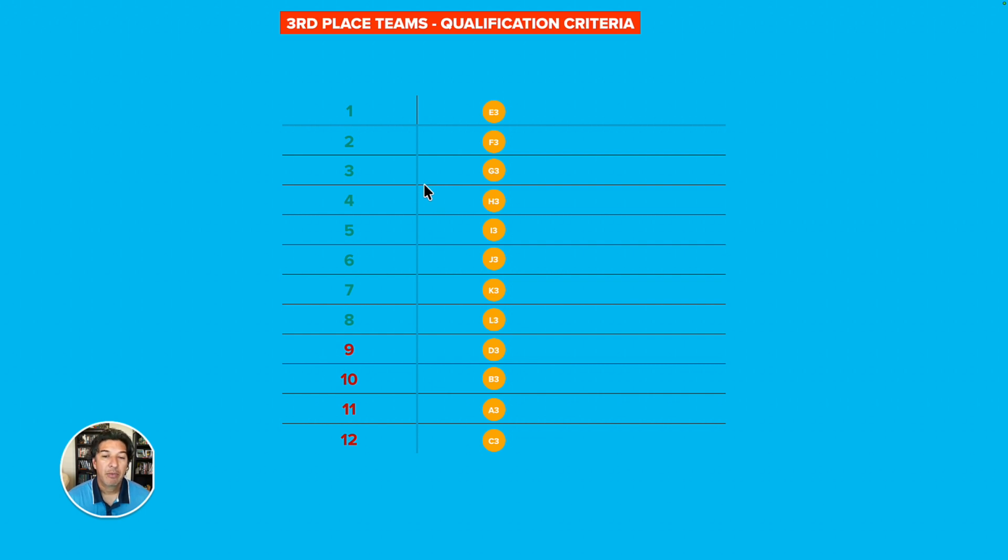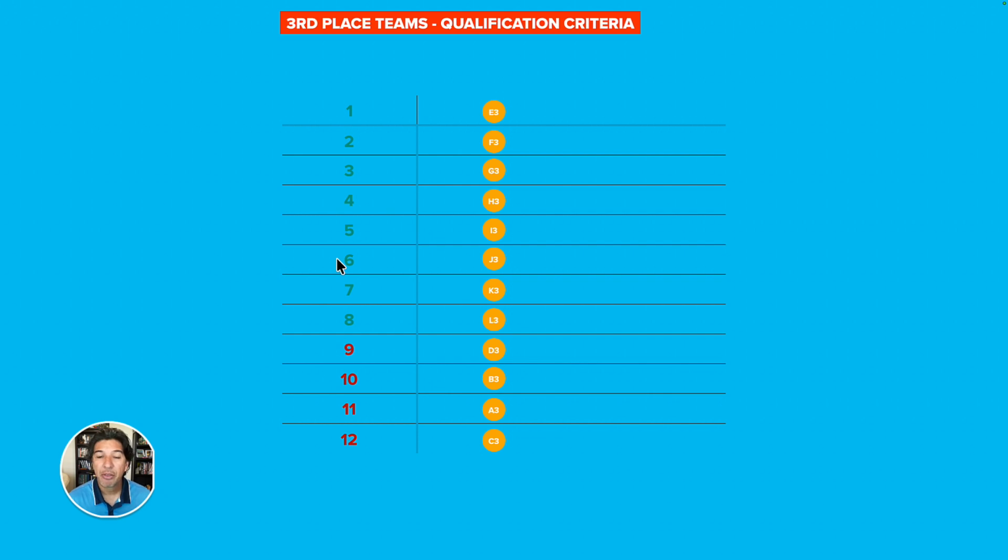Let's say that the team from Group L has the same points, goal difference, goals scored, and least goals conceded as D3. Who moves on? That's where world ranking has a big part in determining who moves on.